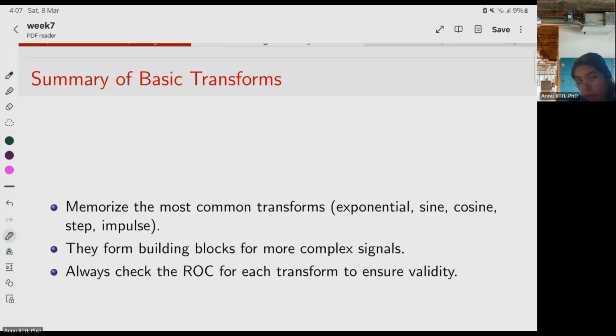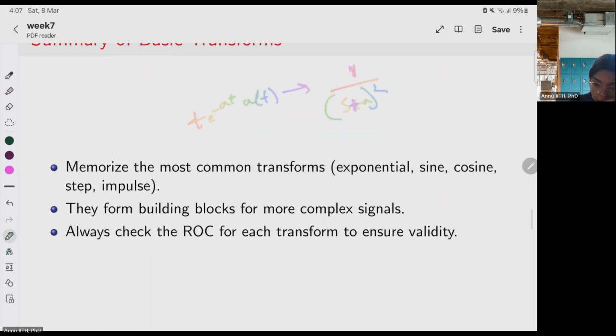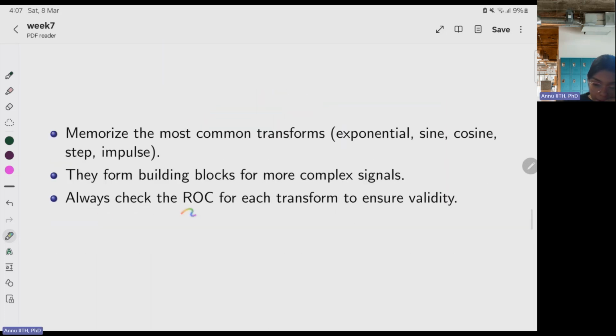They are the building blocks for almost all more complex signals. But also remember this one, t e to the power minus at u(t), which has the transform 1 upon s plus a squared. Therefore, always check the ROC for each transform to ensure validity.